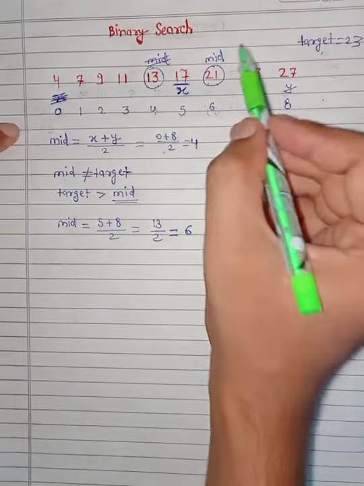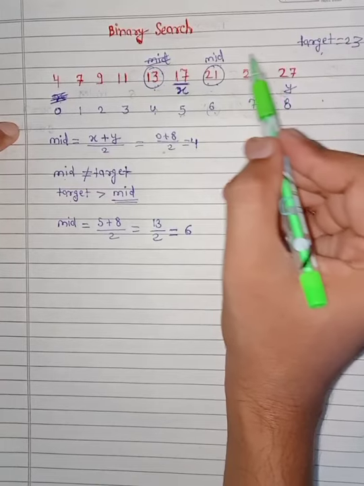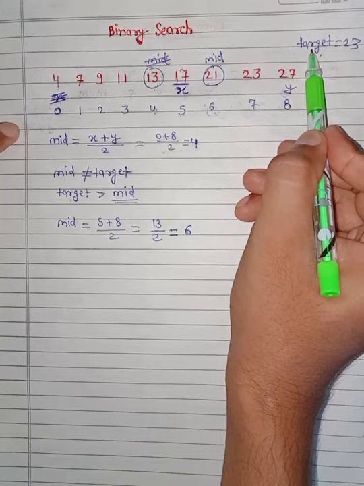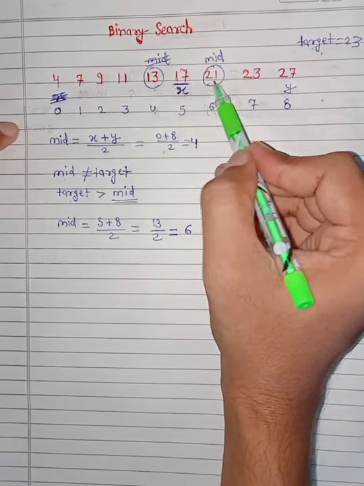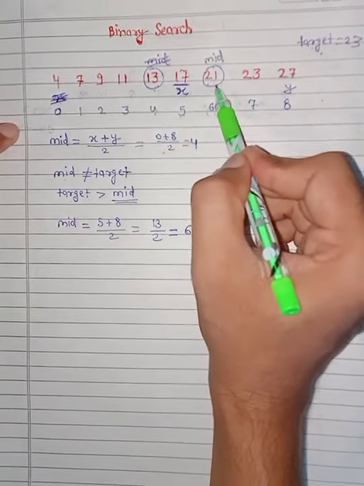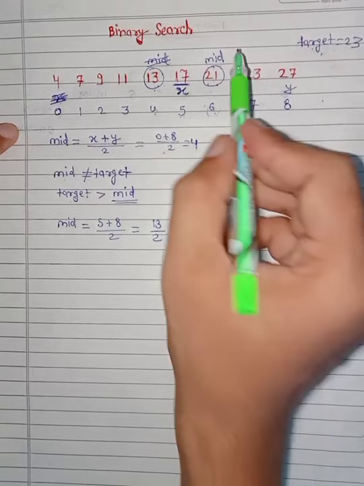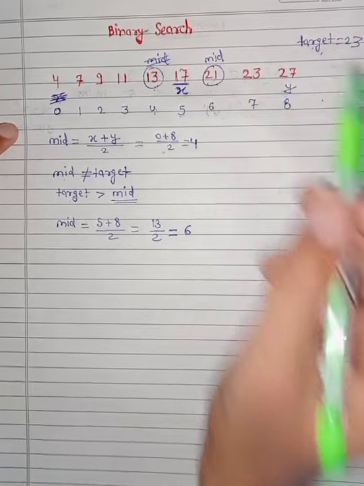Again we will compare the mid element with the target element. If the mid element is equal to the target element, then it's okay, we have found the target element. But here 21 and 23 are not the same, and the target element is greater than the mid element, so we can say definitely 23 is on the right side of this set of elements.